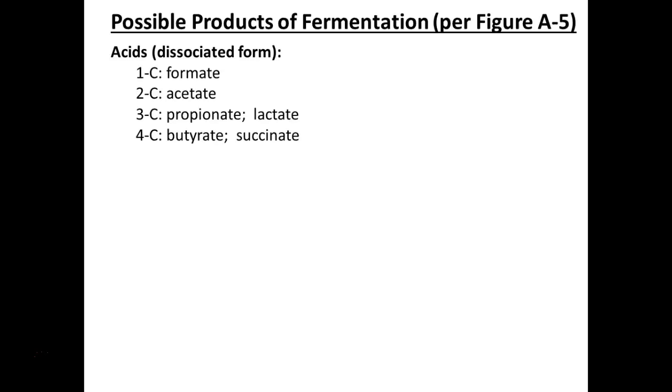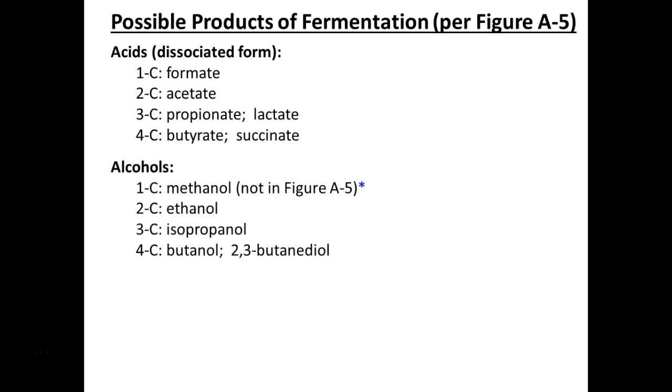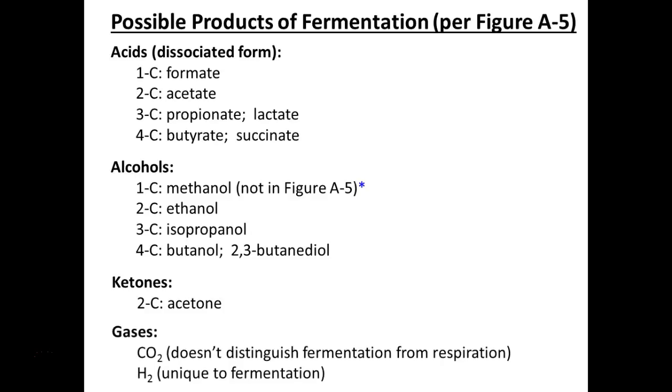So this is just a list of several different acids that organisms can produce. And then several different alcohols. And of course, like I said, ethanol is our favorite on this list, but others are also produced that you wouldn't necessarily want to drink, especially methanol. It'll make you blind. And then acetone, a ketone, which can be turned into an acid, can also be produced.